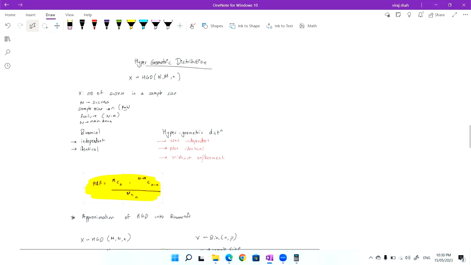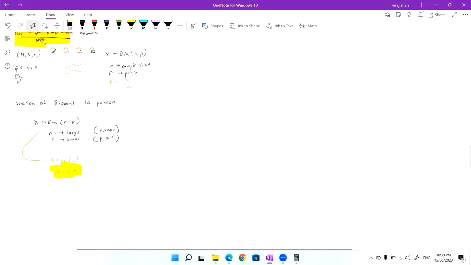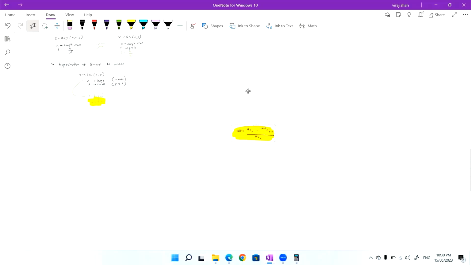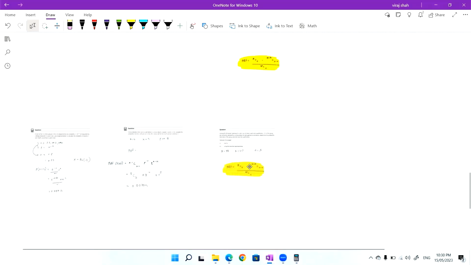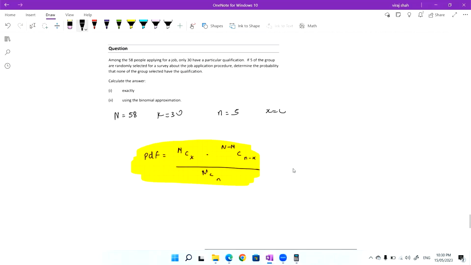This is nothing but your formula. So you have to model that zero individuals have the qualification. So x is equal to 0. Let's calculate the probability.